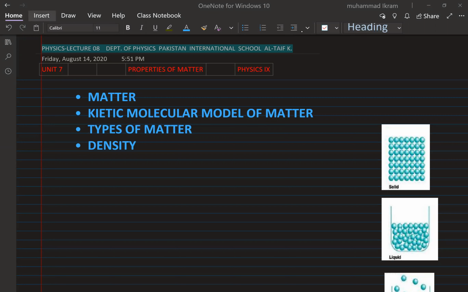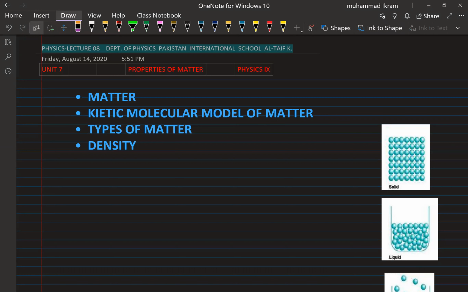What is matter? The first topic of the chapter is matter. Now, class, you know that matter is in fact anything or any object. This is what your class 6th or 5th grade topic.